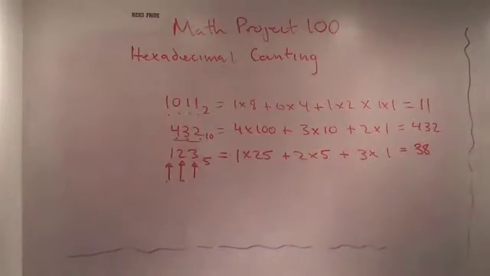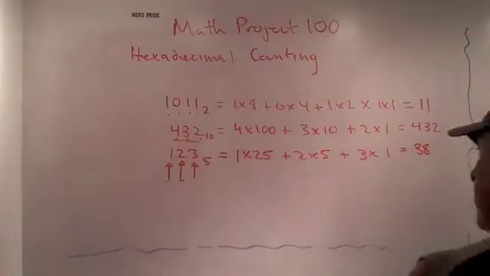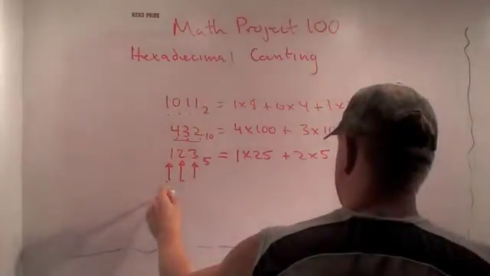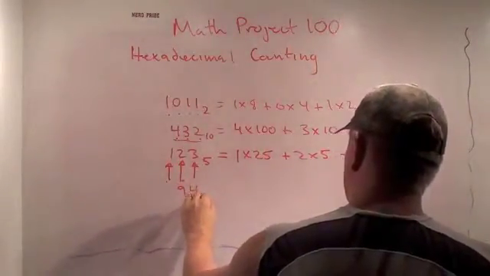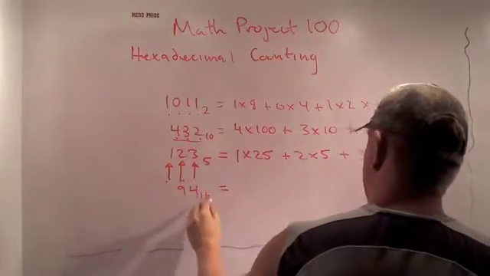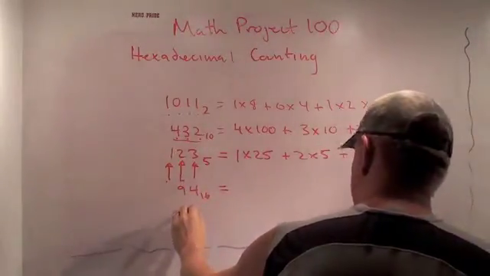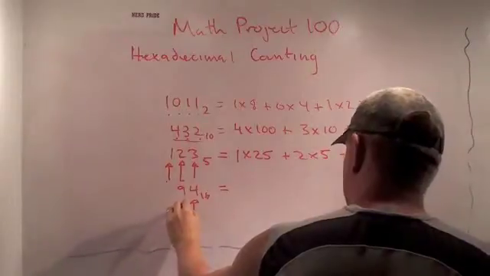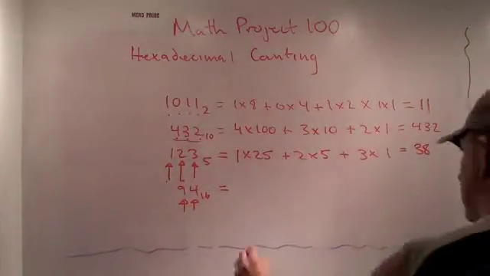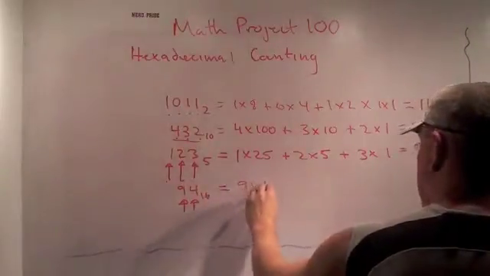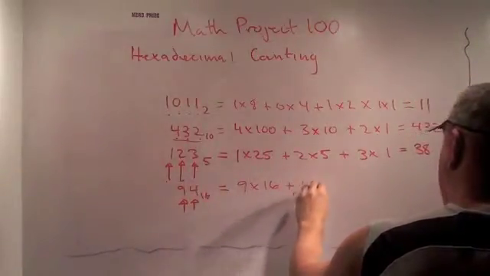Okay. But now we're going to do something in base 16. Hexadecimal. So let's first start out with a simple one. How about 94 in hexadecimal? So this is the ones digit, right? And what's this digit going to be? The 16s. So this is going to be 9 times 16 plus 4 times 1.